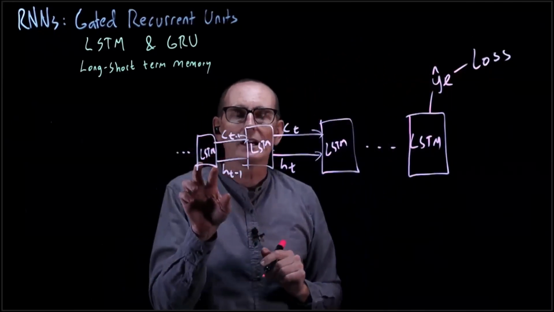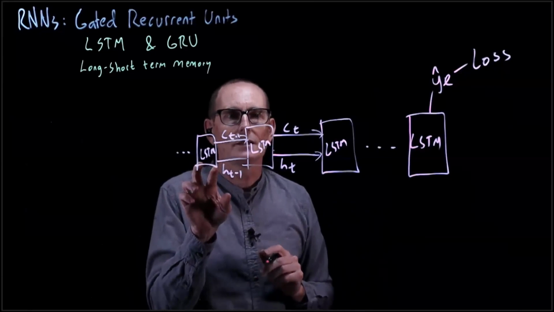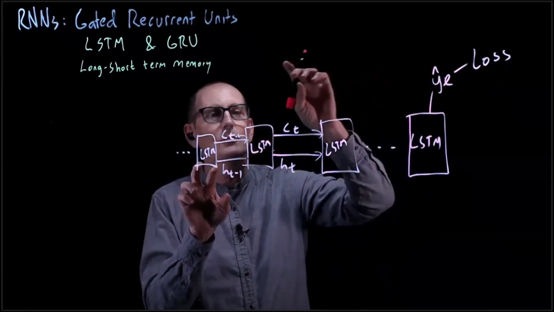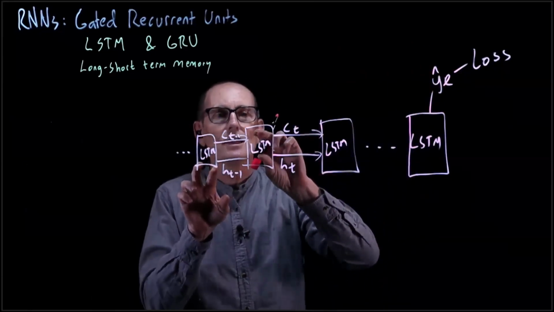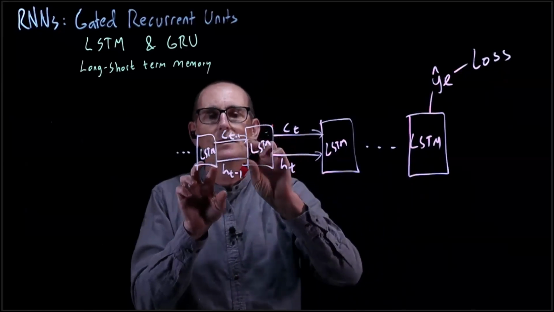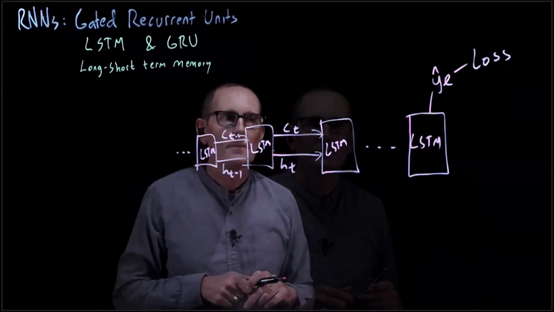That's a very direct path, and we can easily push gradient. We can also probably push gradient pretty reasonably into this time step and then back across here.